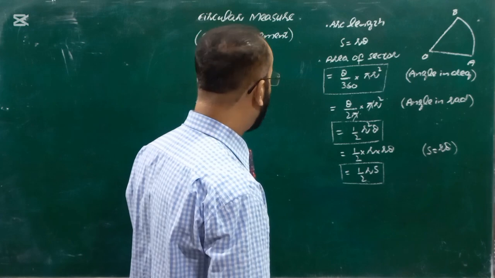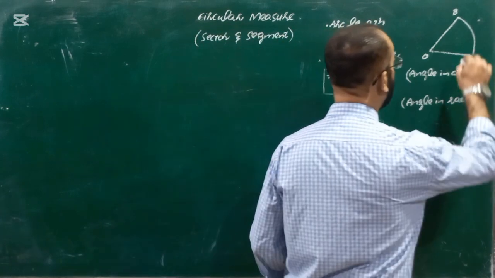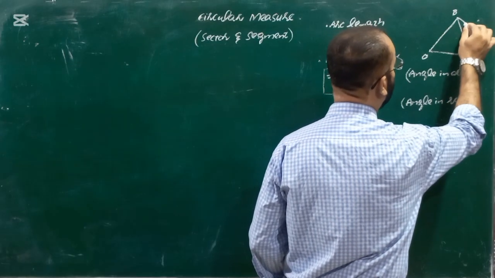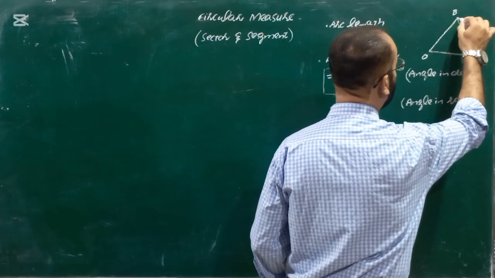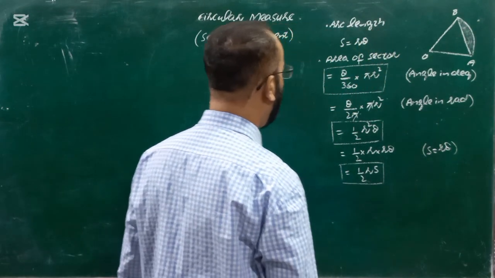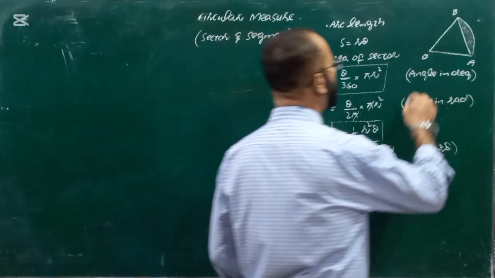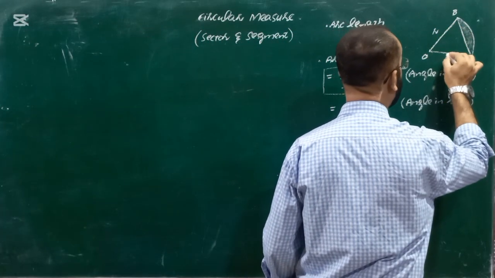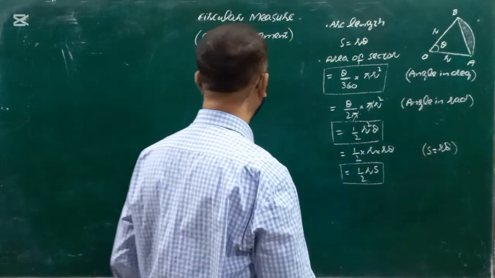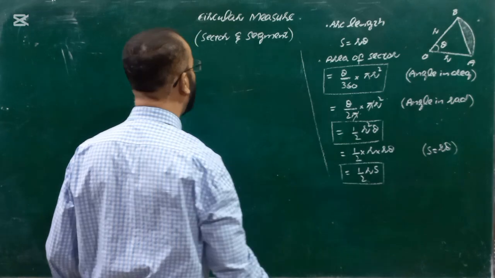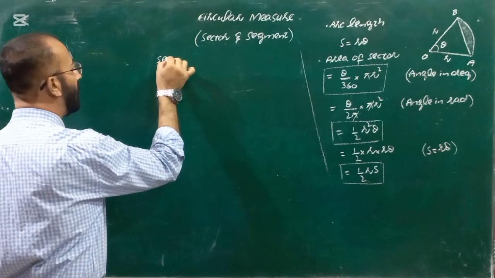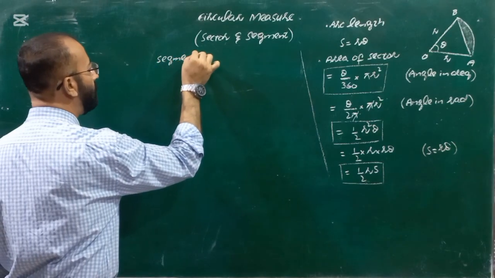Okay, proceeding further. So look now, if we join A and B, this shaded part will become segment. Okay, now look, if this is R, this is R, and here is theta angle which is subtended at the origin. So now we are reading the concept of segment.